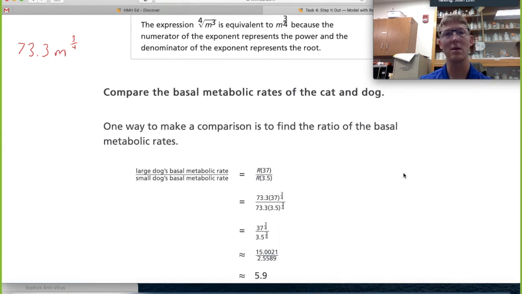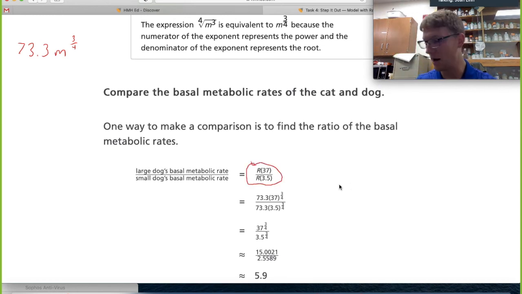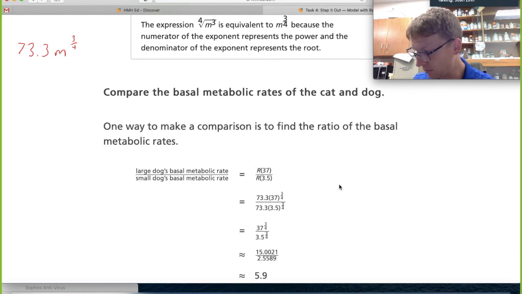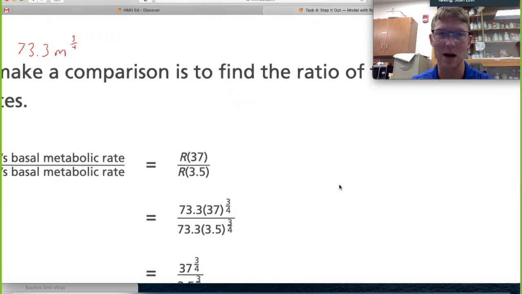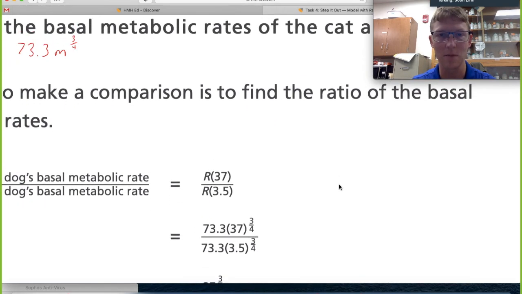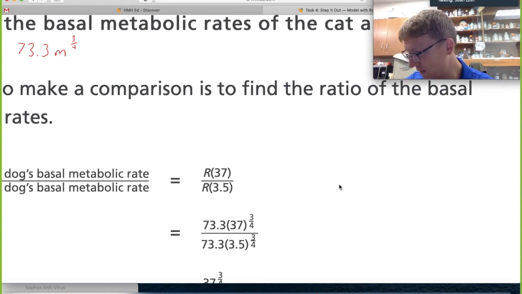So then we can compare the basal metabolic rates of the cat and dog, and one way to do that is to find a ratio for the metabolic rates. So basically, they want us to set them on top of each other and just find a ratio. That might sound hard, but it's actually really not, because calculators are a great thing. So we're just going to figure out what this number is and what this number is.